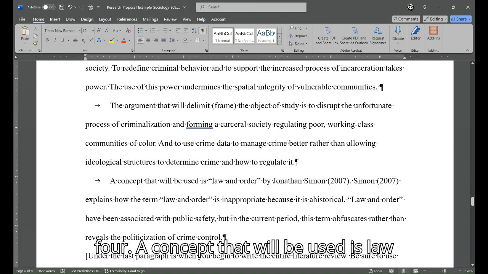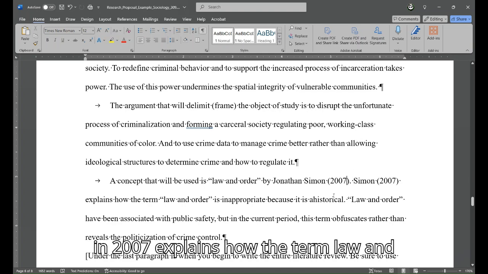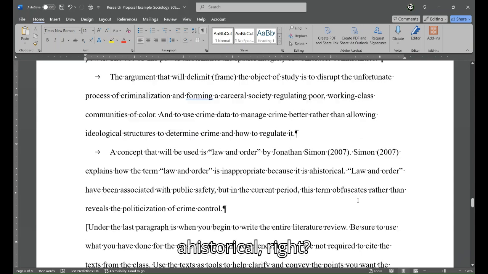A concept that will be used is Law and Order by Jonathan Simon. Simon in 2007 explains how the term law and order is inappropriate because it is ahistorical, right?